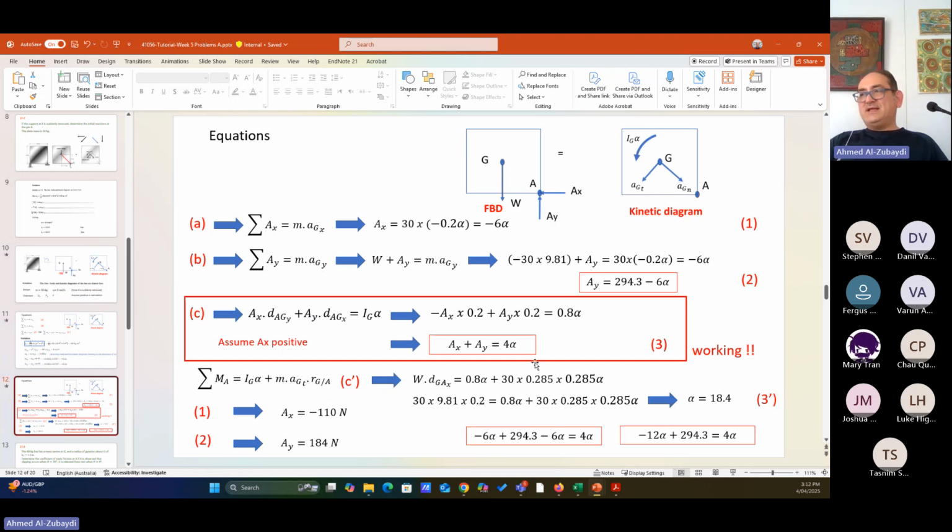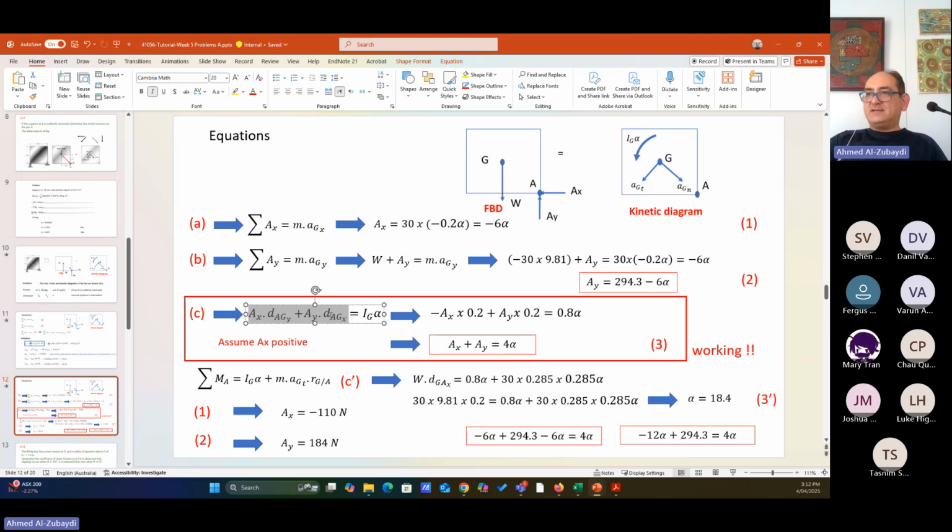I find that this one actually is going to be quite complicated. So I did the moment around the point A, which is going to make it much easier for me to find the answer, because as I told you once again, I'm canceling the AX and the AY and using only the weight. So you can see that that's what we have on the free body diagram.